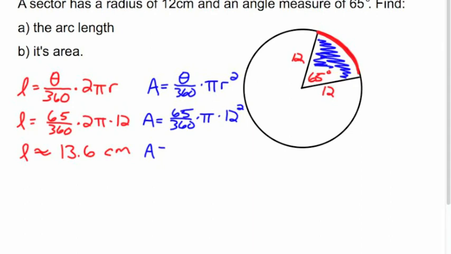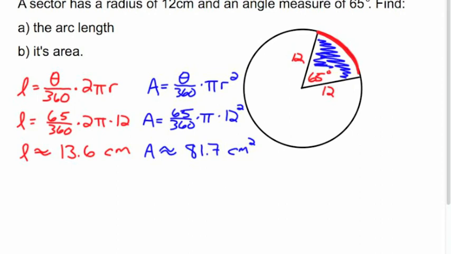Again, with the magic of a calculator, actually it's not going to be equals. We're going to get an area of approximately, because I'm doing a little bit of rounding, so I put my approximate sign there, 81.7 centimeters squared. You can punch that into your calculator and confirm that I rounded properly. So that's what you're going to do with sectors.